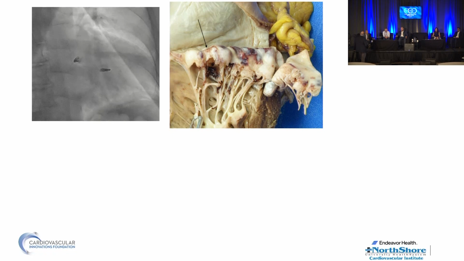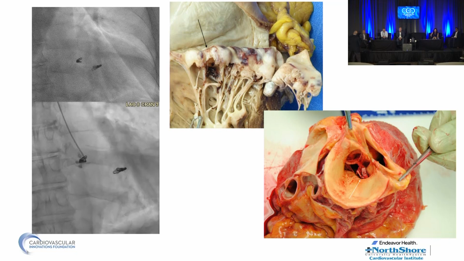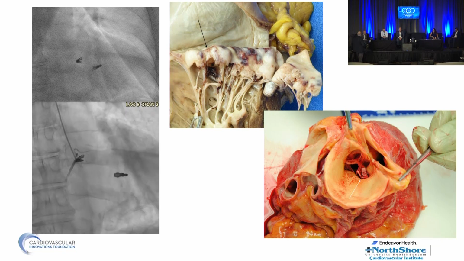That's an autopsy slide, and there's a little defect on the leaflet where the black arrow is. I know this wasn't the type of plug you were thinking of when you asked me to present a case, but this is the first case that came to mind: the unintentional plugging of a right coronary artery with a mitral clip device.